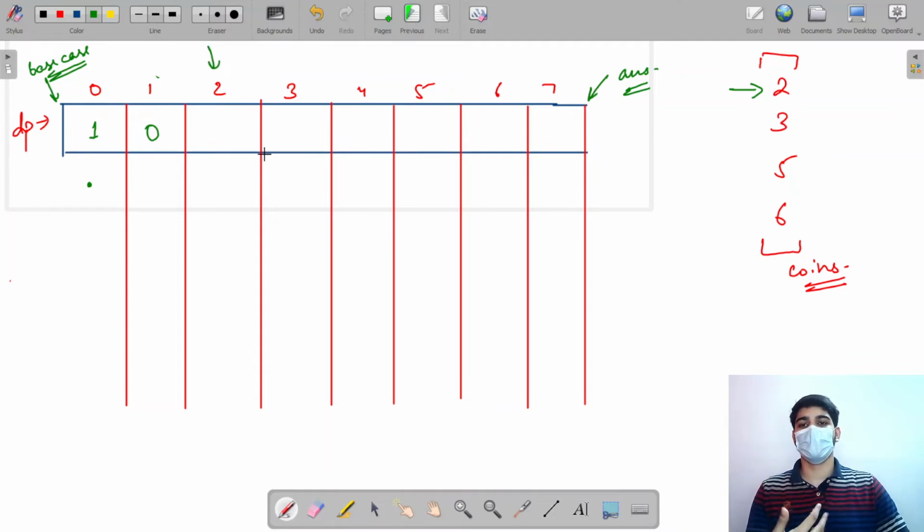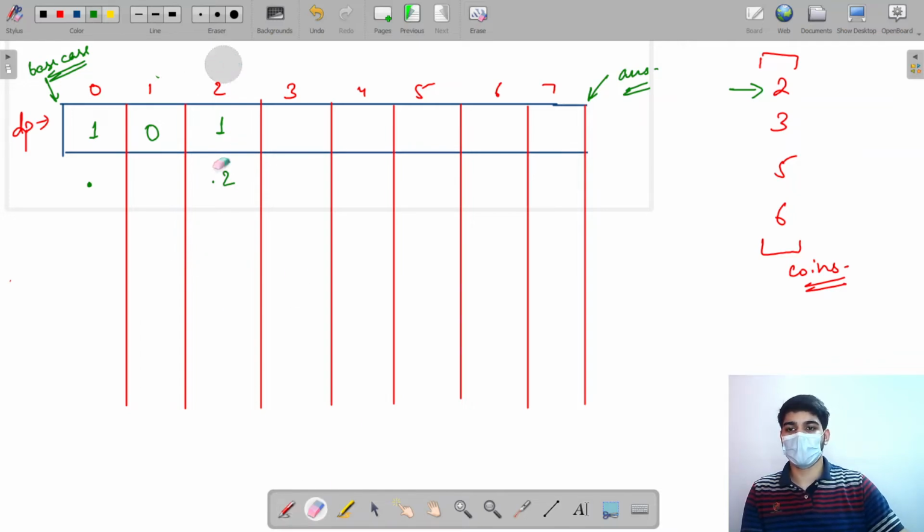Is there a way in which I can pay 2 using the 2 coin? There is one way in which I can pay that, if I use 2. So if we think about it, we took 2 and asked a particular coin, can I make a total summation of 2? I asked if I can make a summation of 2 using my 2.